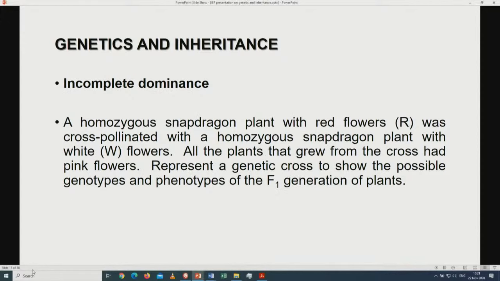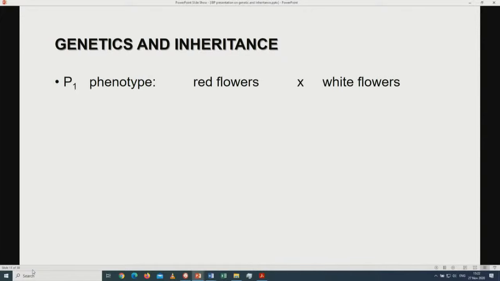An example of incomplete dominance: a homozygous snapdragon plant with red flowers, capital R, was cross-pollinated with a homozygous snapdragon plant with white flowers. All the plants that grew from the cross had pink flowers. Represent a genetic cross to show the possible genotype and phenotype of the F1 generation of the plant. Now red flowers were crossed with white flowers and pink flowers were formed.